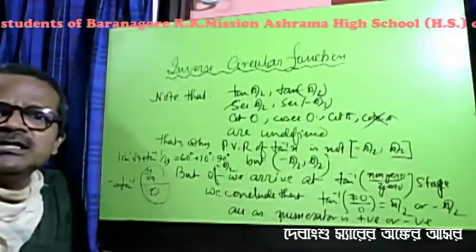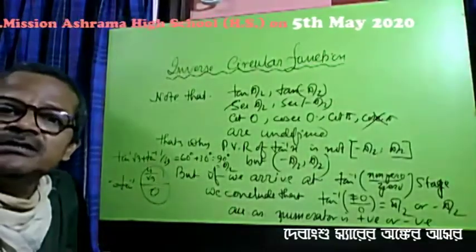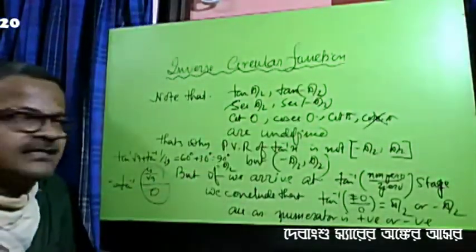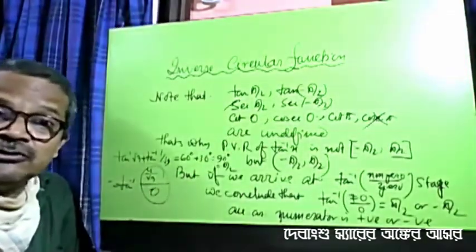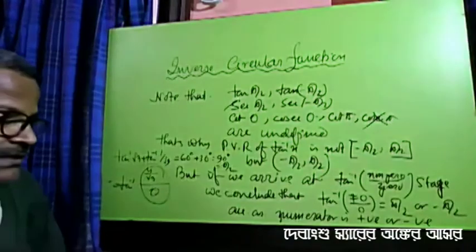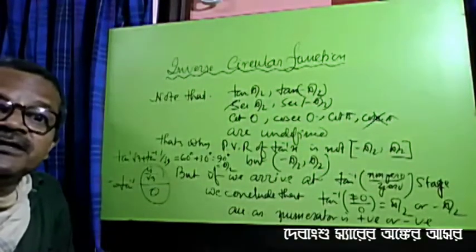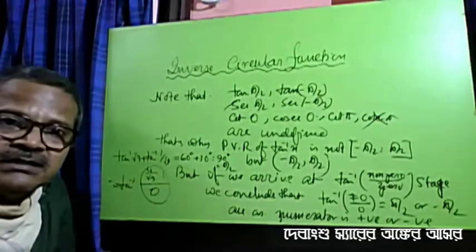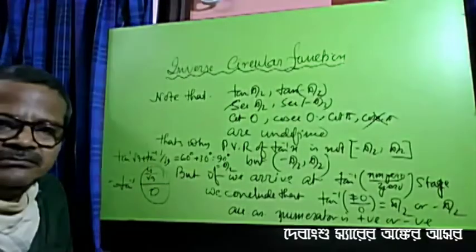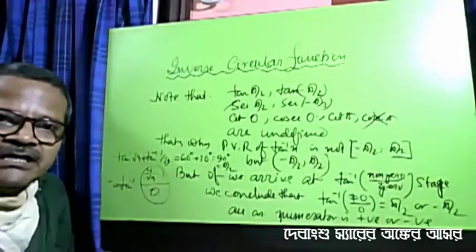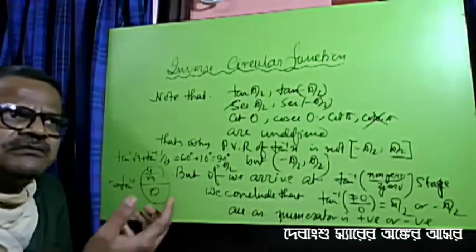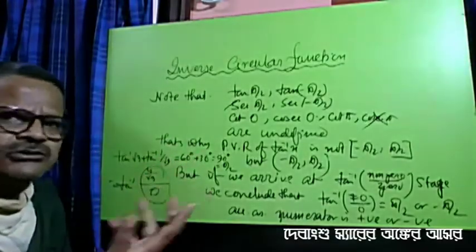The same logic we can show in the case of cosec inverse, because we know that cosec 0 is undefined. If a cosec inverse of an undefined quantity comes, then what will be our conclusion? Our conclusion will be that the angle is 0. After calculation, this may happen: cosec inverse 5 by 0, cosec inverse 2 by 0.